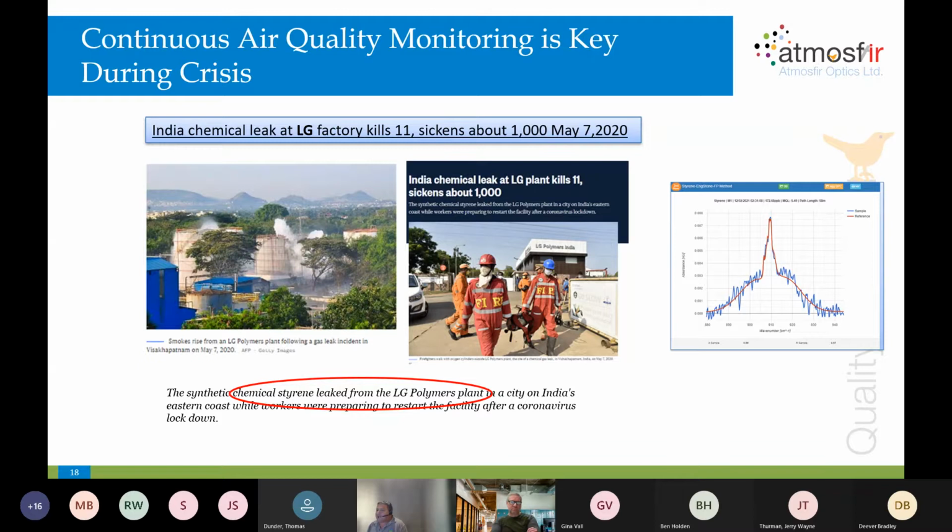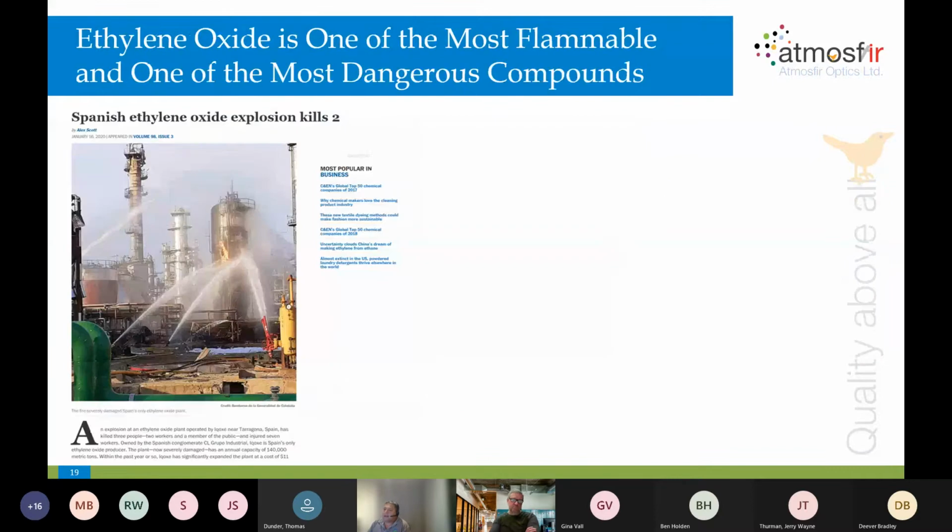And just a few months ago, there was a leak at LG chemical plant, 11 of styrene, 11 people were killed and 1,000 were injured. And our technology easily can sense styrene and other chemicals. And again, maybe if we could find the leak while it was small, we could eliminate the big leak.